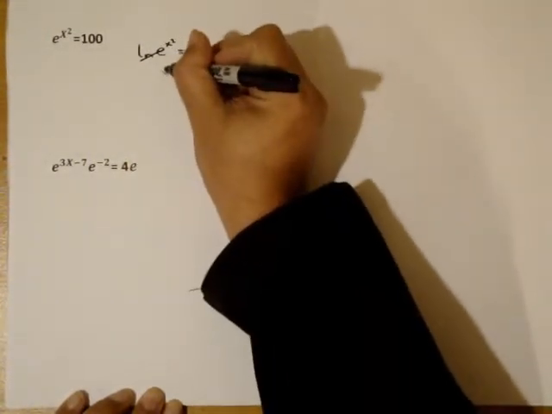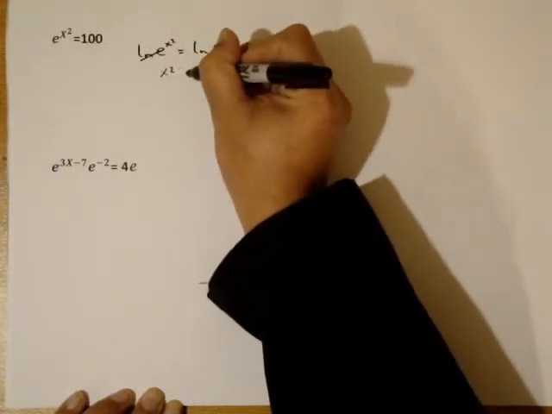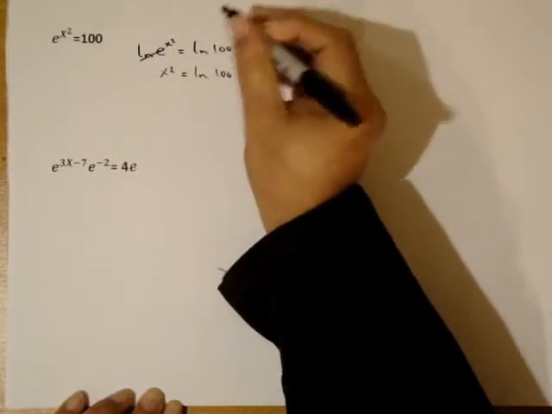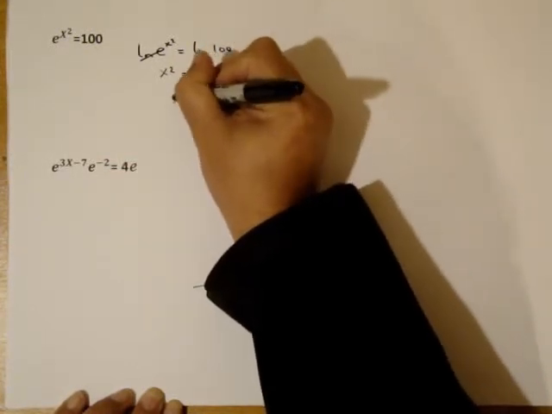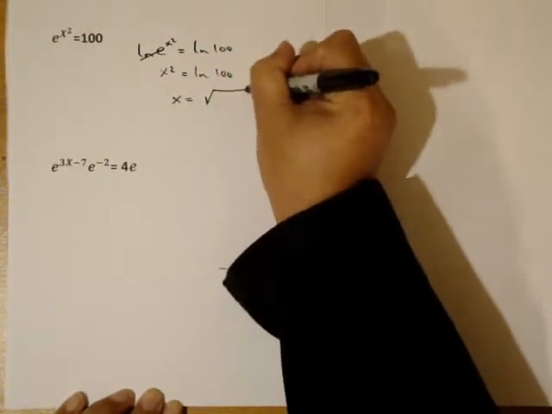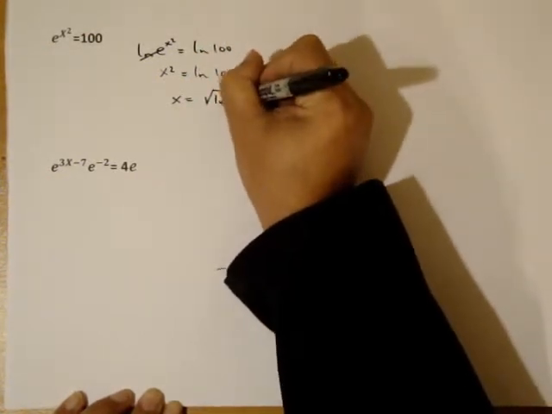So this becomes x squared is the natural log of 100, and x is the square root of the natural log of 100.